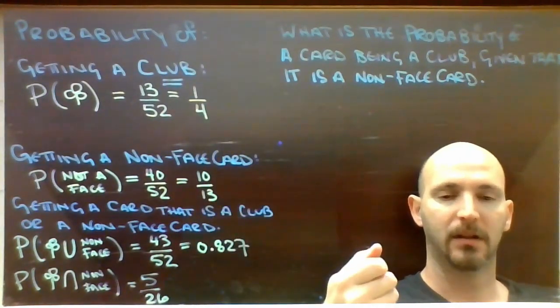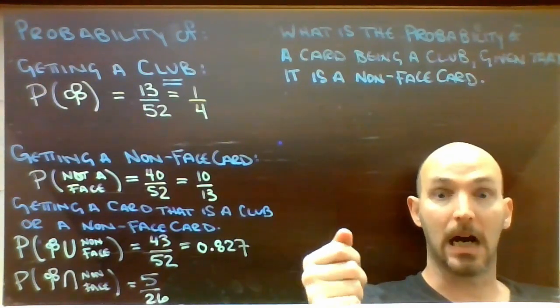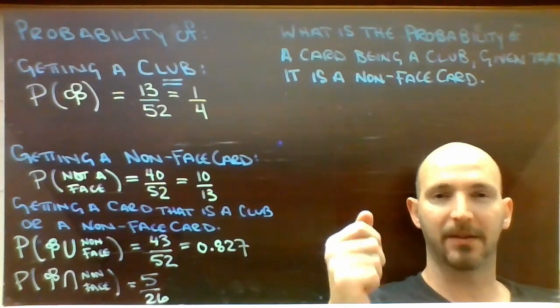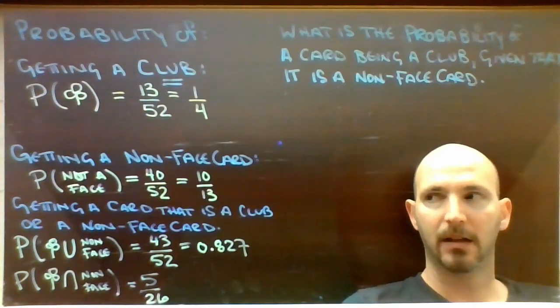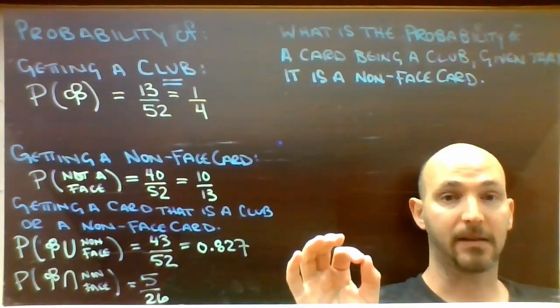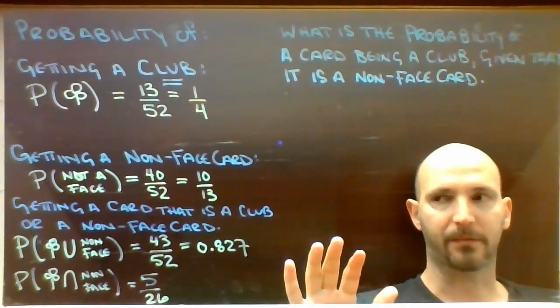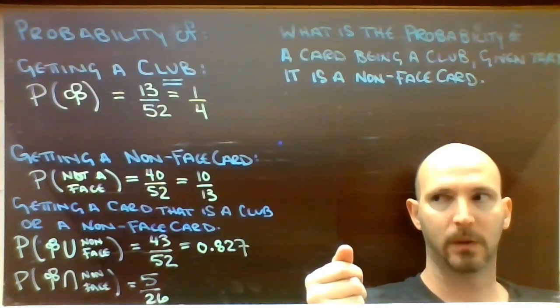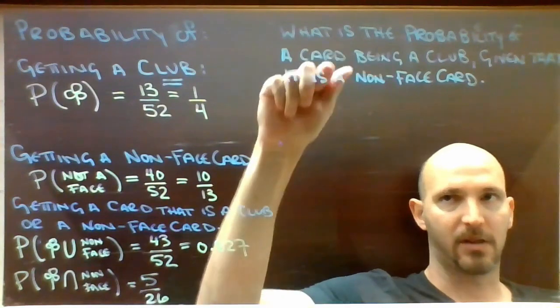So you draw it. I look at it. I know that it's a 9. What's the probability that it's a club now that I know it's a non-face card? Now, if we just think about the answer to that before we do any math, if I were to hand you a card and say, this is an 8, so we know that it's a non-face card.